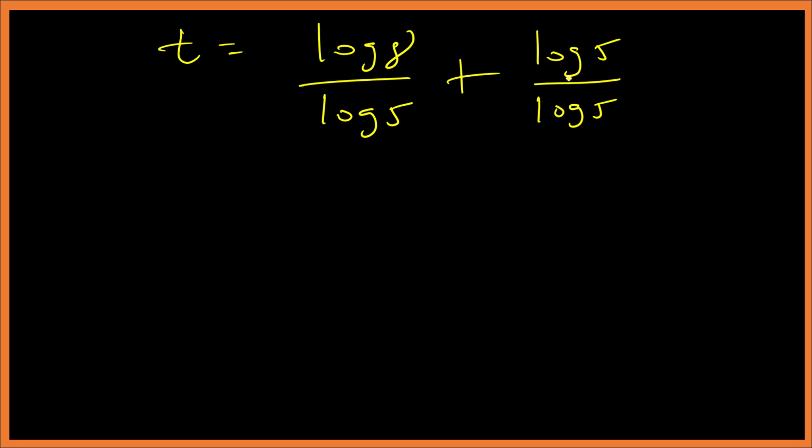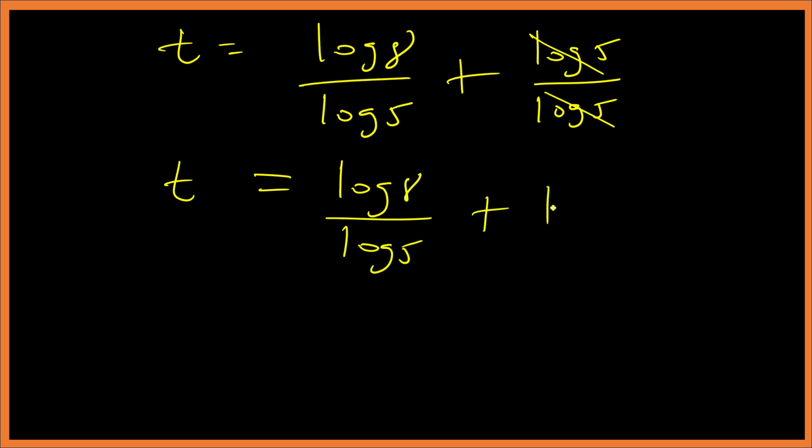Okay. Now, from here, this side will cancel, which will make this side 1. So log 8 over log 5 plus 1.